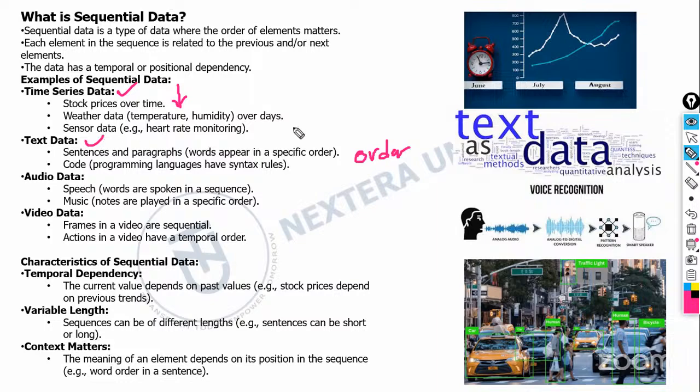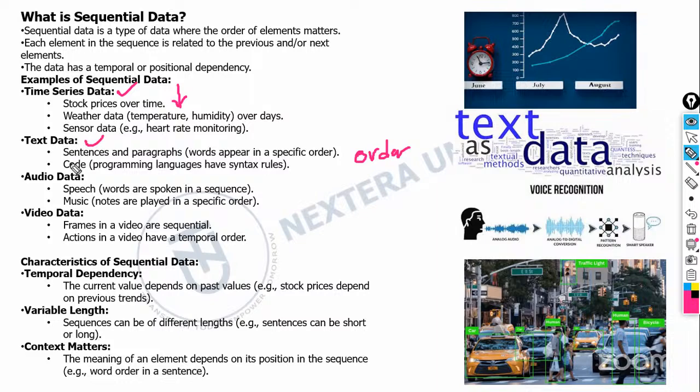What if the words are jumbled here and there? Will they have a meaning? No. Only if the words are arranged in a specific order will they frame a sentence, and the sentence will have a meaning. So text data is one of the best examples of sequential data.